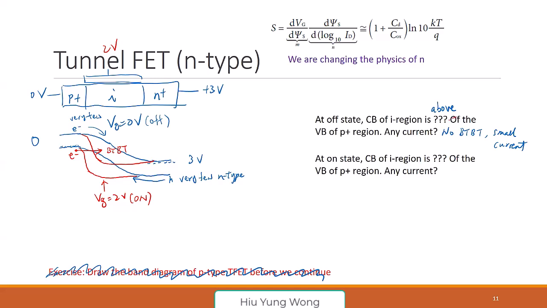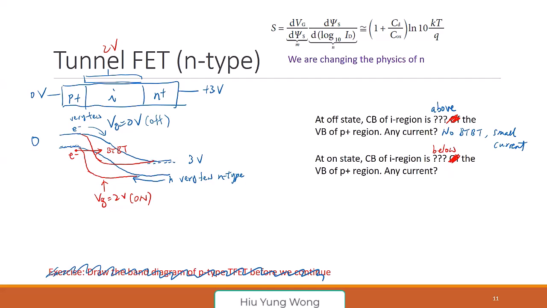So at the on states, when I have large VG, the conduction band of the channel or the I region is where of the valence band of the P region? Lower. Below, yeah. Right?